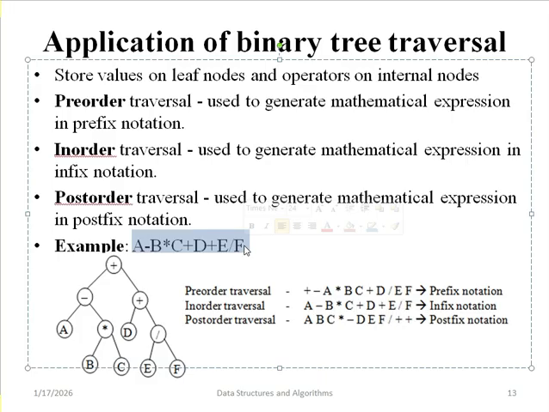In operator precedence, the operator having the least precedence level will be considered as the root of the tree.